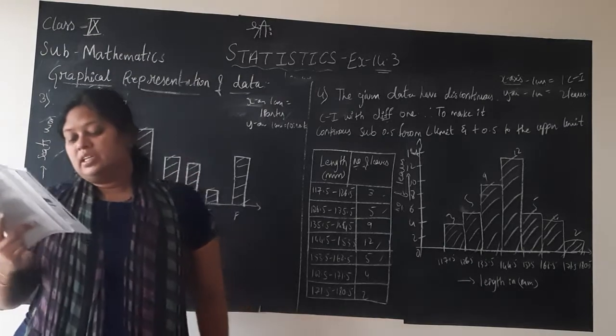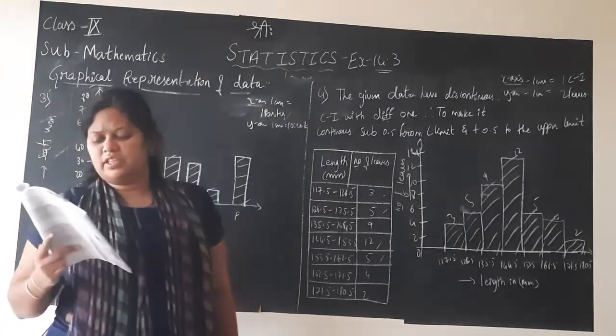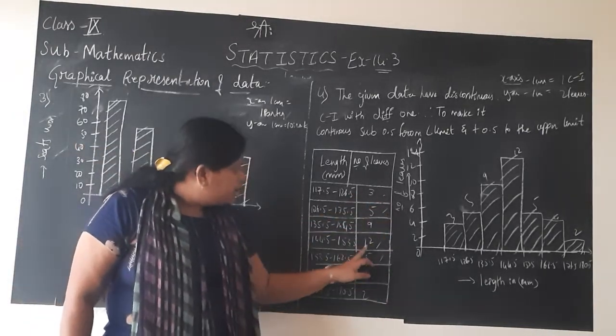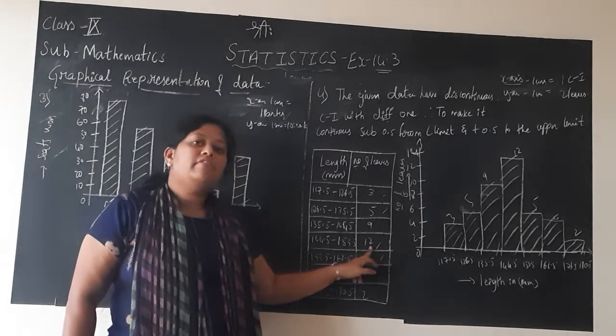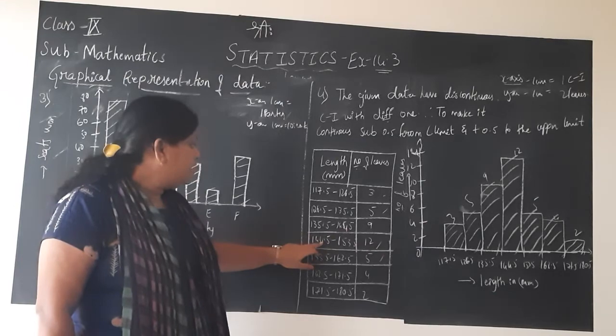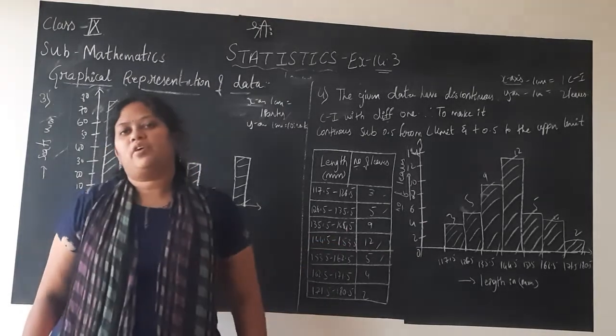Third sub question: is it correct to conclude that the maximum number of leaves are 153 millimeters long, and why? If you observe here, the number of leaves 12 is the maximum number whose length is between 144.5 to 153.5, children.